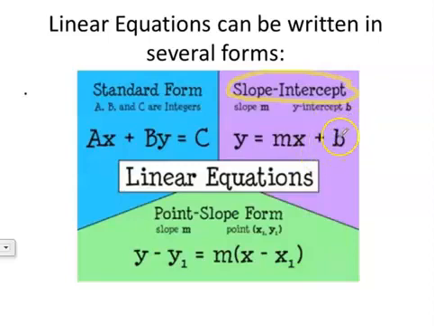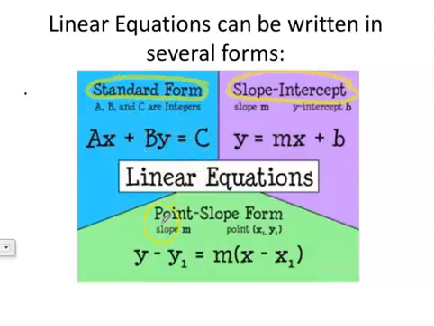There's also standard form, written as ax + by = c, where a is a number like 5. For standard form, all of your variables will be on one side of the equation and all your constant terms will be on the other side.